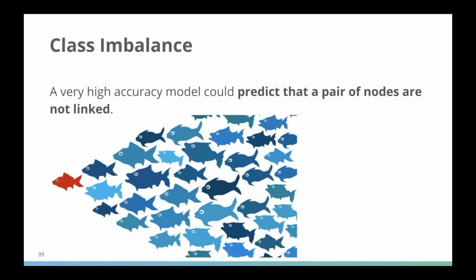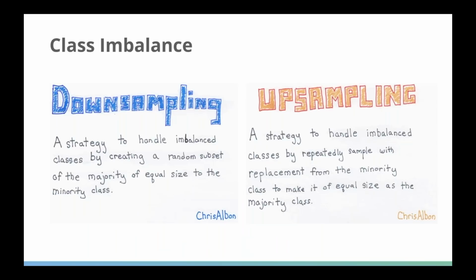The way that we deal with it, on the next slide, we've got two approaches. We can either downsample or we can upsample. These are taken from Chris Albon's machine learning flashcards, which are quite handy for explaining machine learning concepts. On the left-hand side, we can see the downsampling approach.